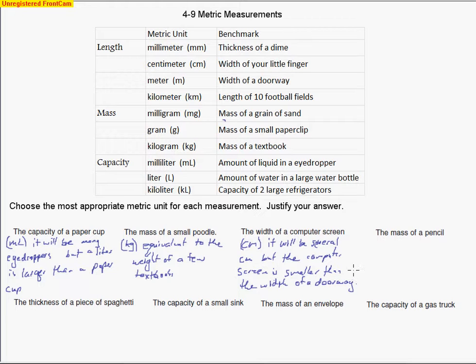So I've got to give some explanation, and using the benchmarks helps us write that explanation.